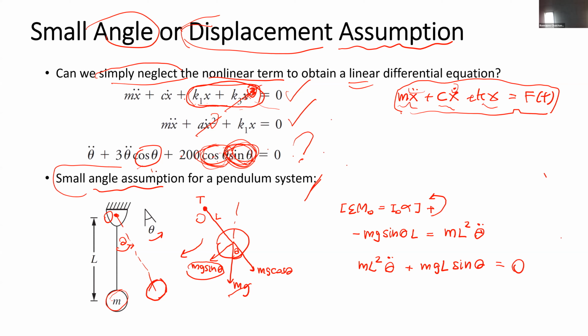The small angle assumption needs to be applied so that we can estimate sine theta by theta, so that we have m L squared theta double dot plus m g L theta equal to 0. Then we have a linear differential equation without the sine and cosine terms or the higher degree polynomial terms.